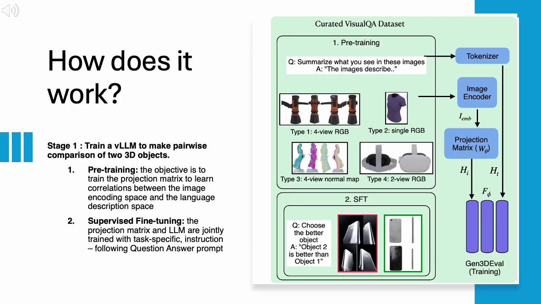The training process builds upon the LLaVA architecture and is split into two sequential phases, pre-training and supervised fine-tuning. In the pre-training stage, the objective is to train the projection matrix that aligns images with the language token space. First, the images are processed by a frozen image encoder to produce visual embeddings. This is CLIP in our case.